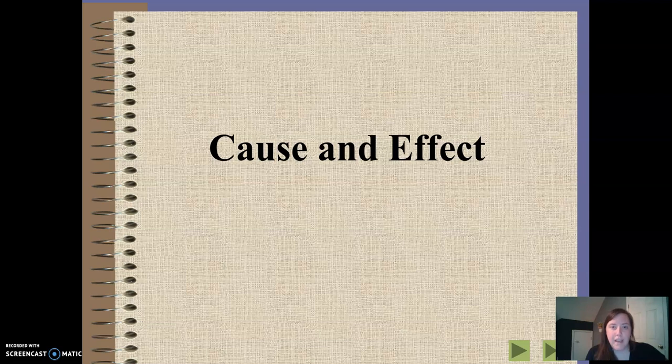But we can have chain reactions to an nth degree where the effect, or what happens because of the cause, creates something else. For example, if I trip over a shoe and I fall down, then the cause of me falling down is tripping over the shoe, and the effect is that I fell down.